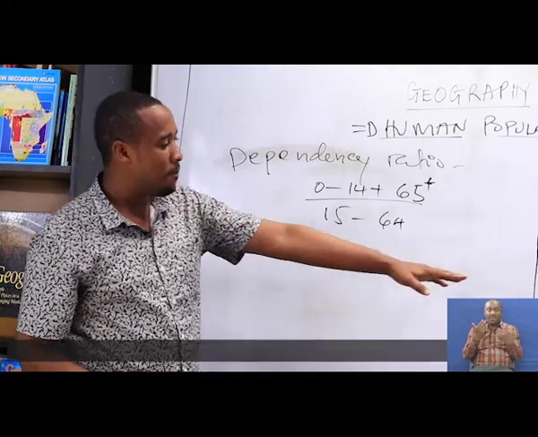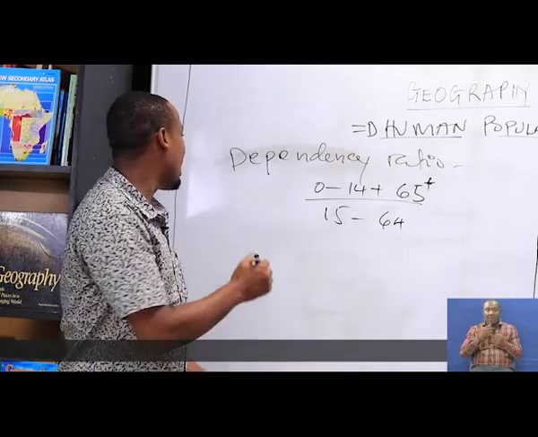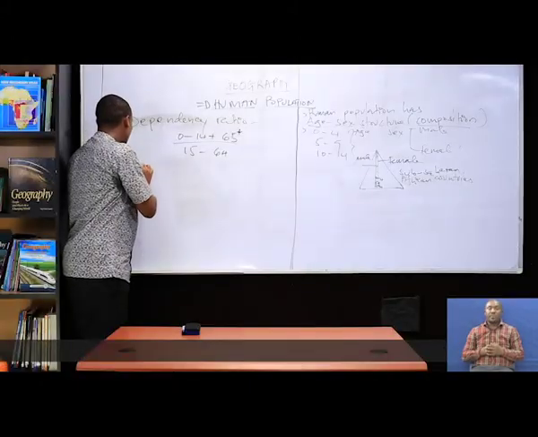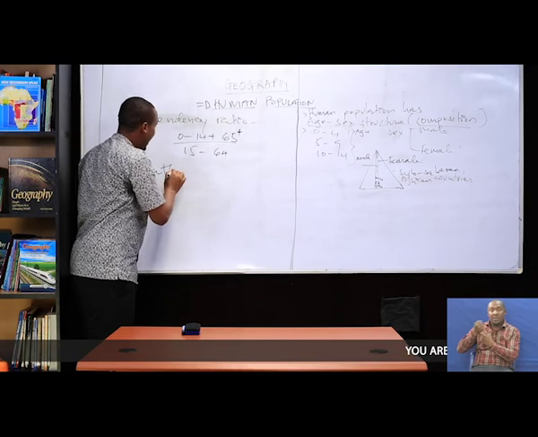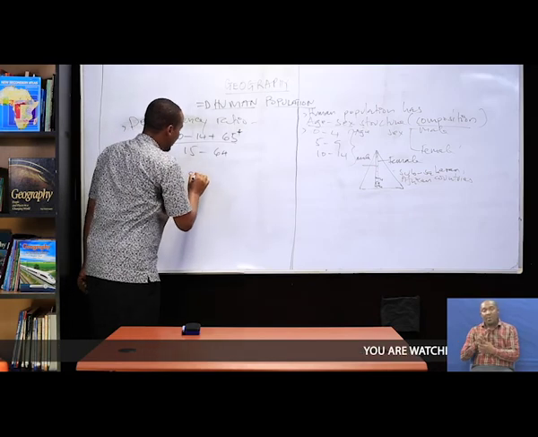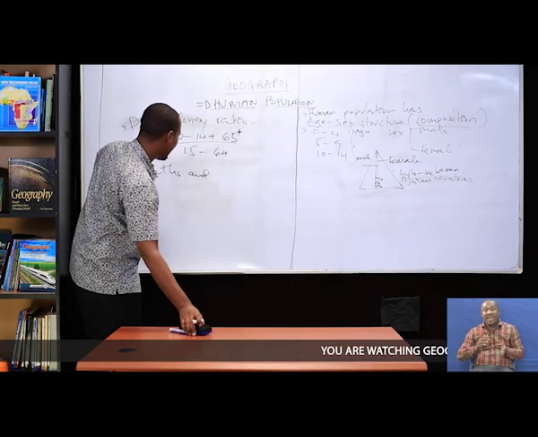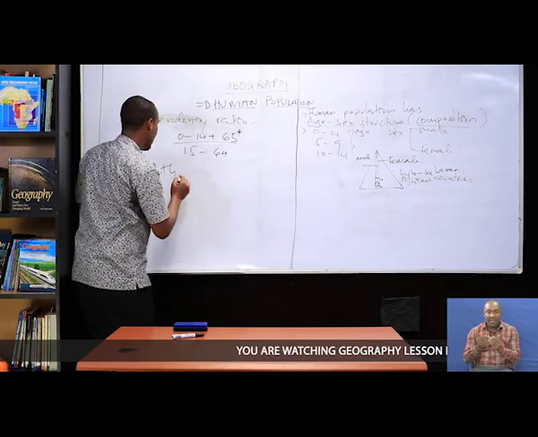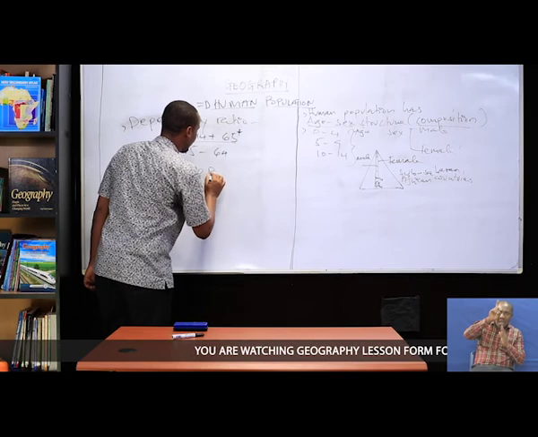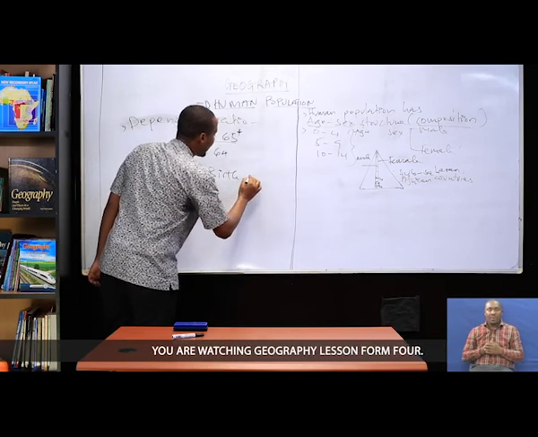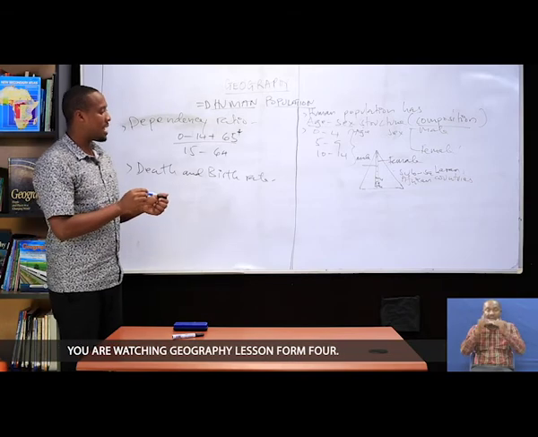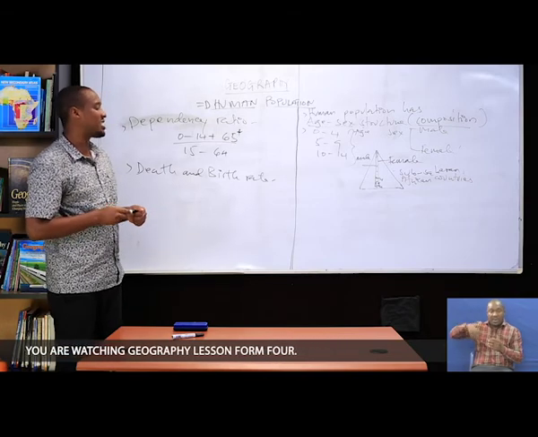Now again, through the population pyramids, someone may get the death and birth rate, whether it is high or low. For example, from our pyramid, the pyramid is having a broad structure.